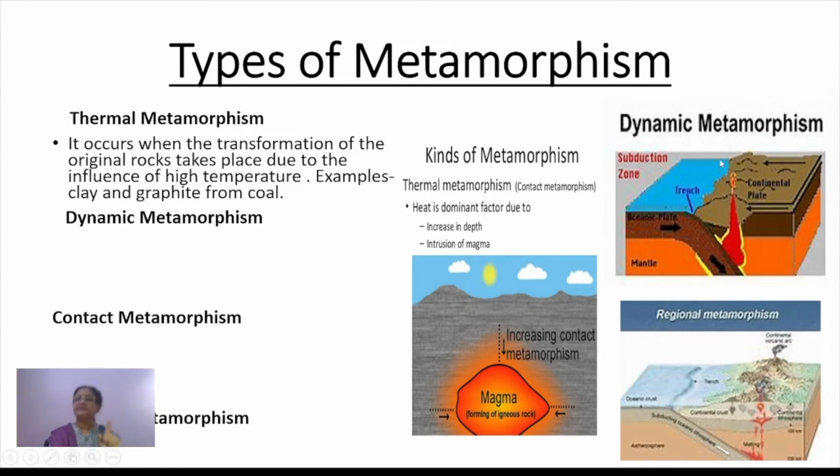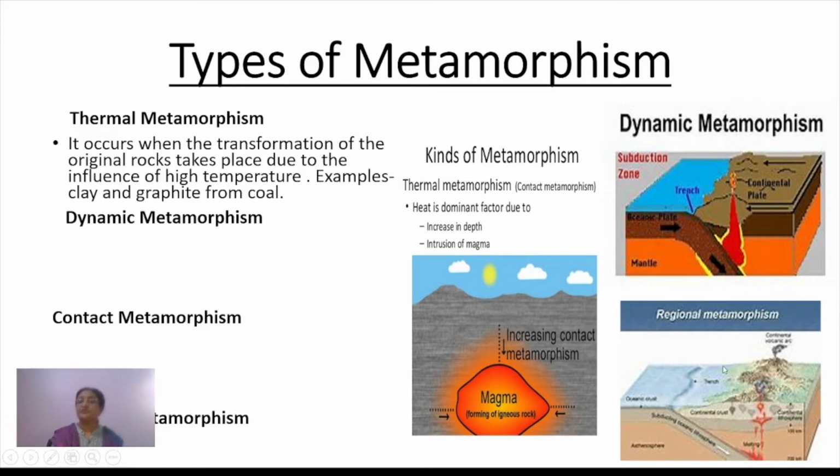Here again the temperature works, but its role is very less. It's not so important, but the pressure becomes the more dominating factor, and that's why the resultant rock is called dynamic metamorphic rock. And the last one, the fourth one, is regional metamorphism. Regional metamorphism is the result of a large area undergoing this process of metamorphism.